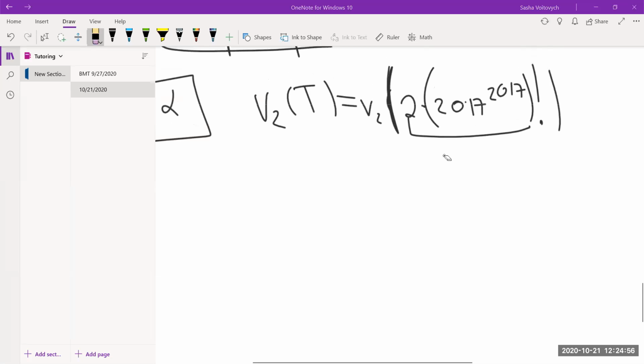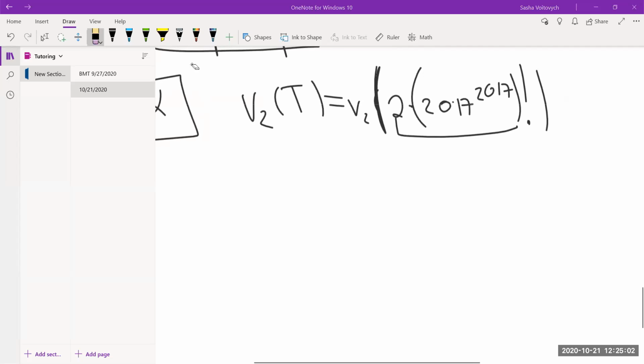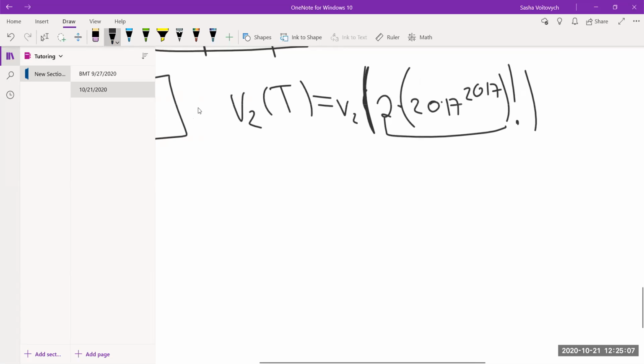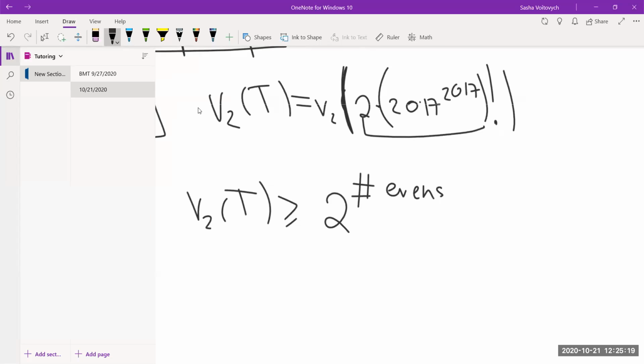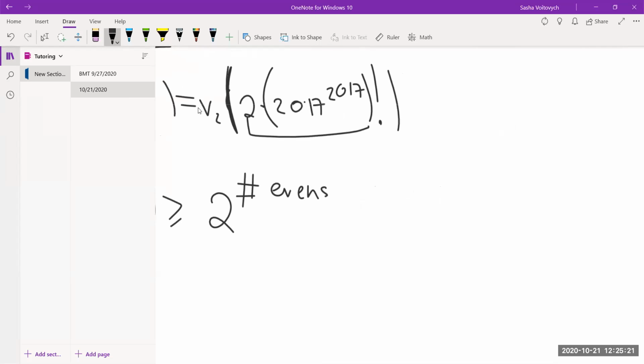The formula here is actually not needed. We just need, well, we can bound v2 of t just by saying that it's at least the number of evens in this interval.